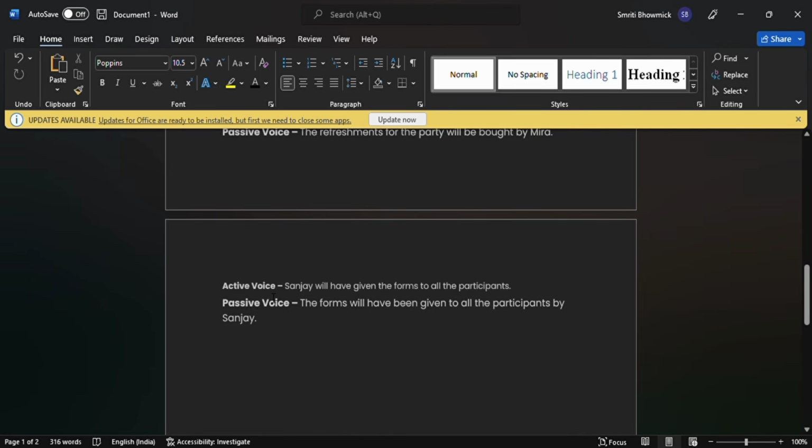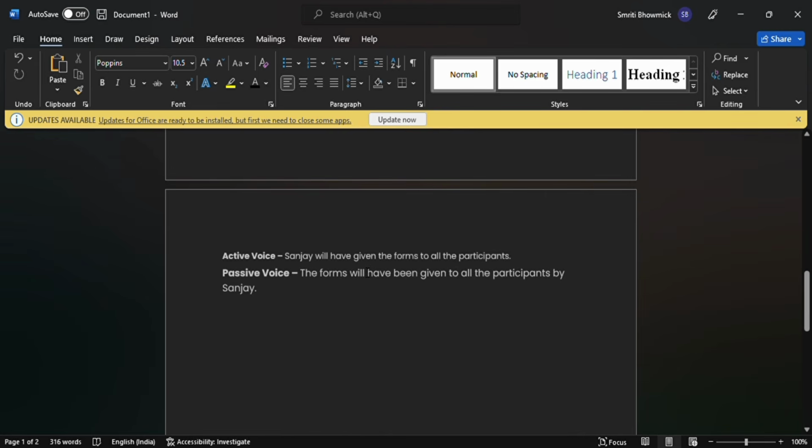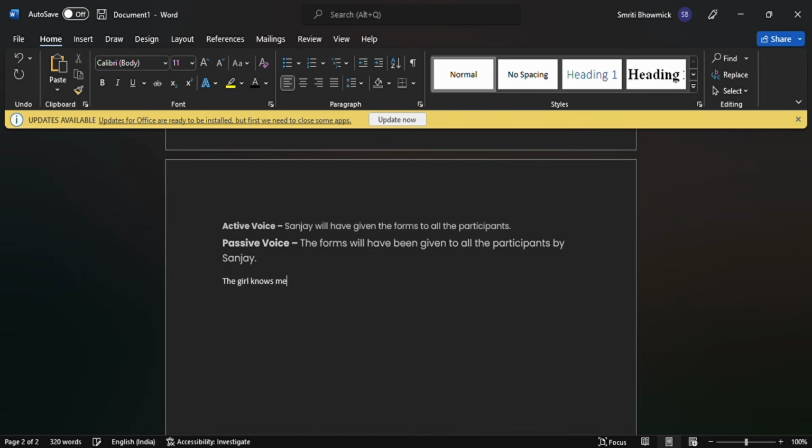Especially when the main verb is know. Know means knowing someone. Just take an example. Here I am writing the sentence. The girl knows me.